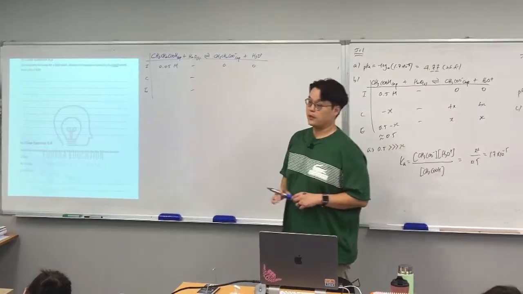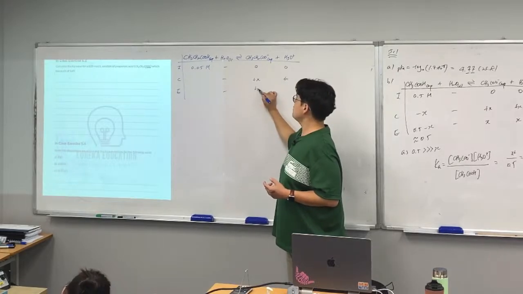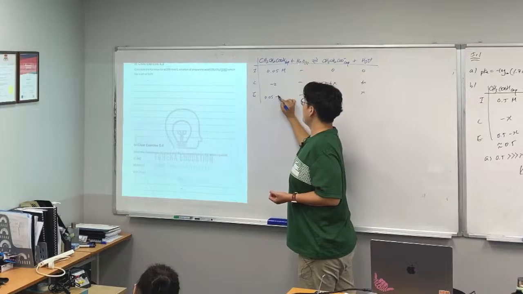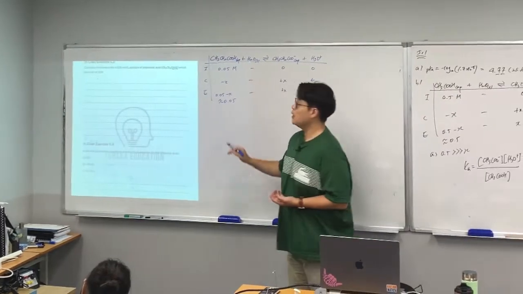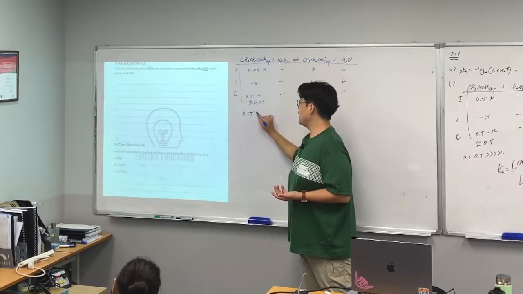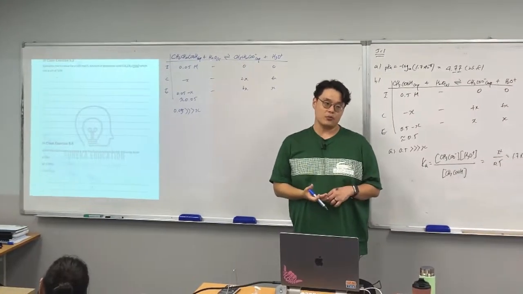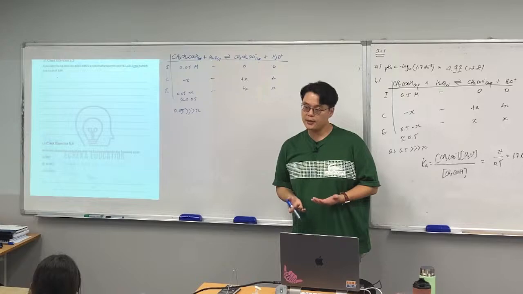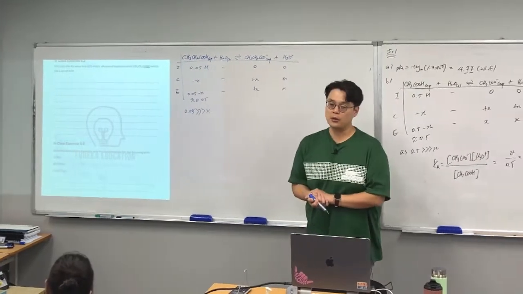Then the change would be the same as before: plus x and plus x, and minus x for the acid, giving 0.05 minus x. Approximately, let's make it simple, because we assume that 0.05 is significantly greater than the x value here due to the small Ka value. We take that as an assumption. Or you may solve the quadratic, but it shouldn't be a bigger issue.